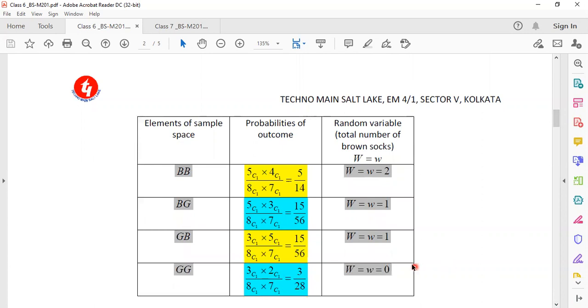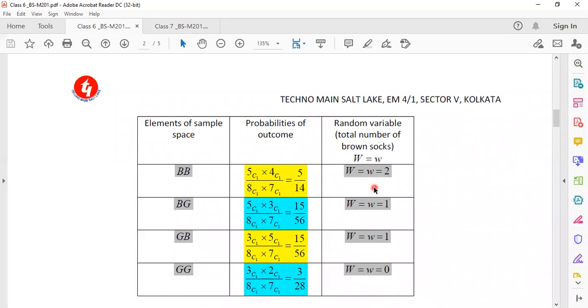And why have I written small w in between? It's to make you understand that capital W is the random variable, and small w is one of the values of the random variable. So capital W in the first case takes the small w with value 2, in the last case the small w with value 0, and so on.